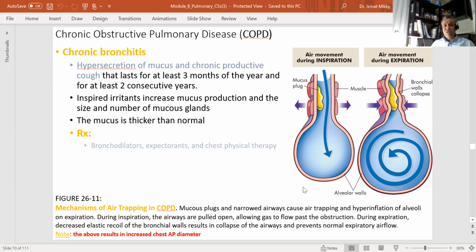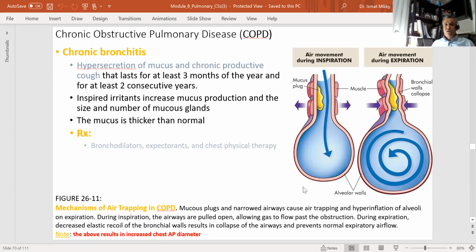So chronic bronchitis would be indicated when the patient develops hypersecretion of mucus and chronic productive cough. Most of the time, it's very difficult for practitioners to differentiate between emphysema and chronic bronchitis.